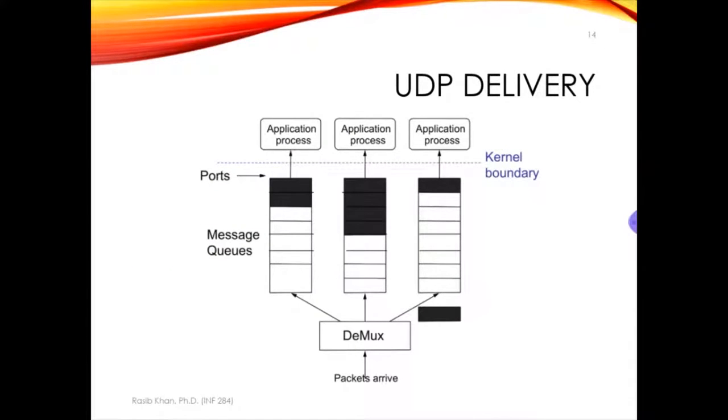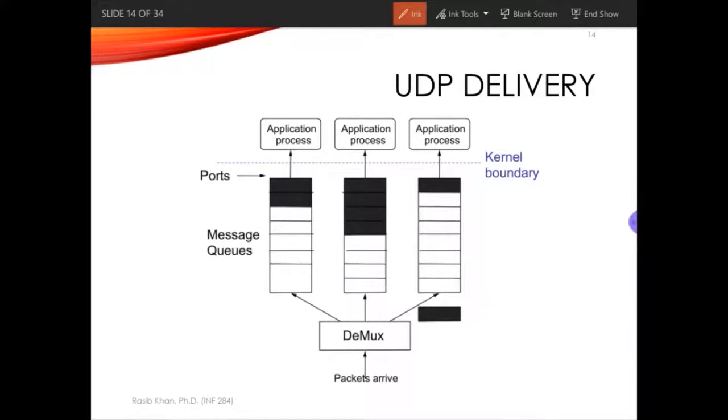The delivery is where the multiplexing comes into play more, and it's actually rather easier to understand. So let's say we have the operating system boundary here. The kernel refers to the core of any operating system.